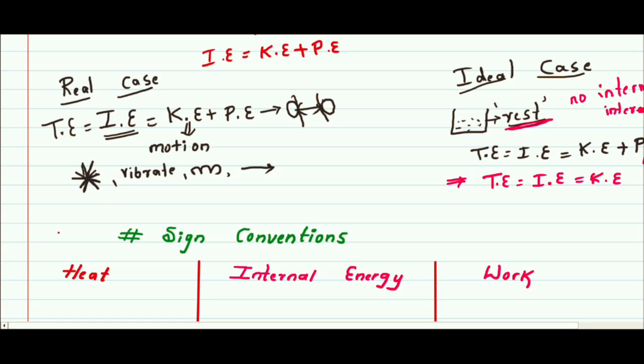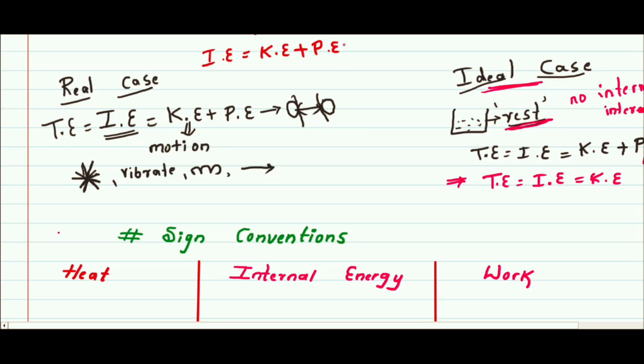If we solve examples, one question will definitely arrive: what is the internal energy in the ideal case? The total energy or internal energy in the ideal case is always kinetic in nature, not potential in nature.